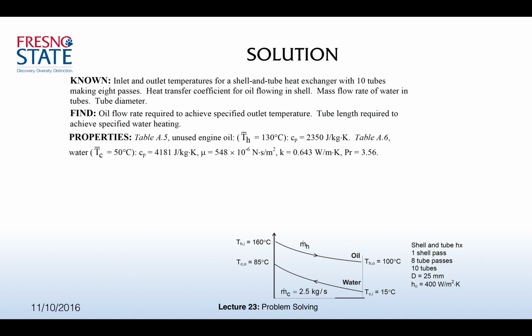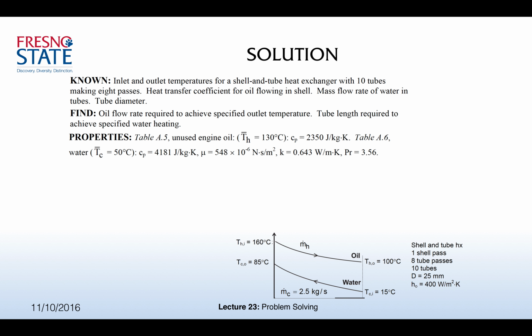It wouldn't hurt also to find the other properties because we are going to need them in the calculation of the convection coefficient of the internal flow of water inside the tubes. Remember that we need h in along with h out that's given to be able to find the overall heat transfer coefficient, the U. So from the table we find some more properties.